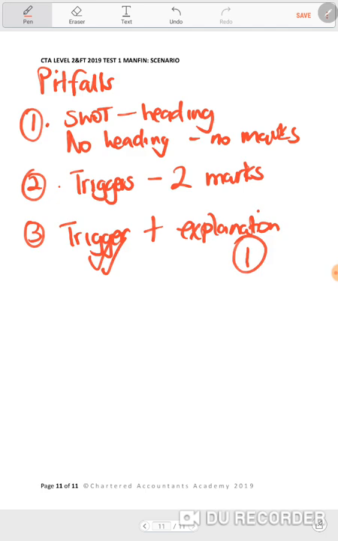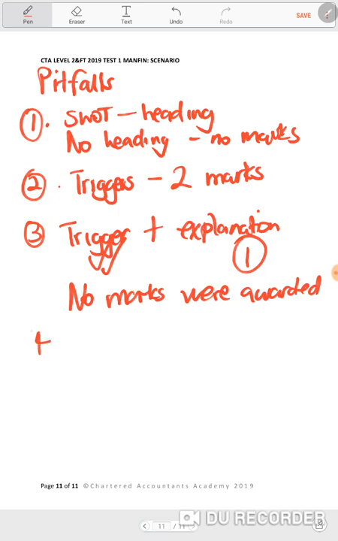So if you identified the correct trigger, but you didn't provide any explanation, no marks were awarded. So going forward, please, when you're answering such a question, for each and every trigger, please explain why. Why is it a strength? Why is it a weakness?